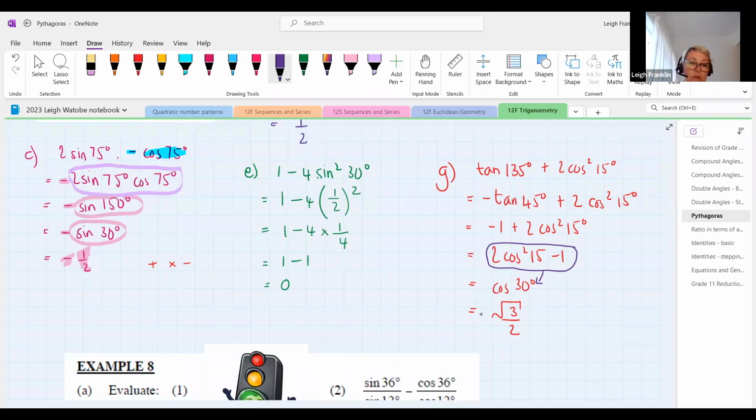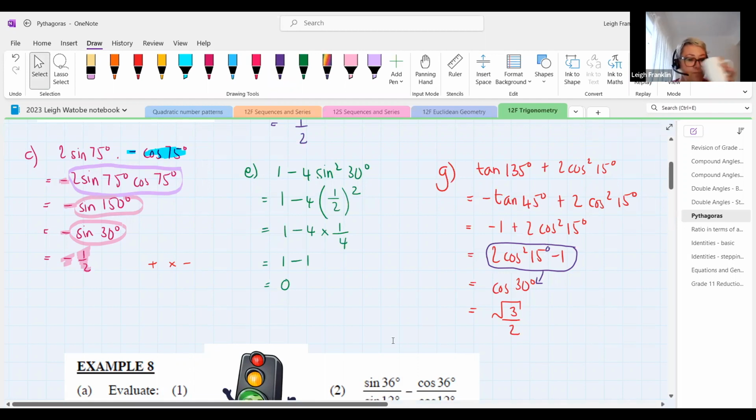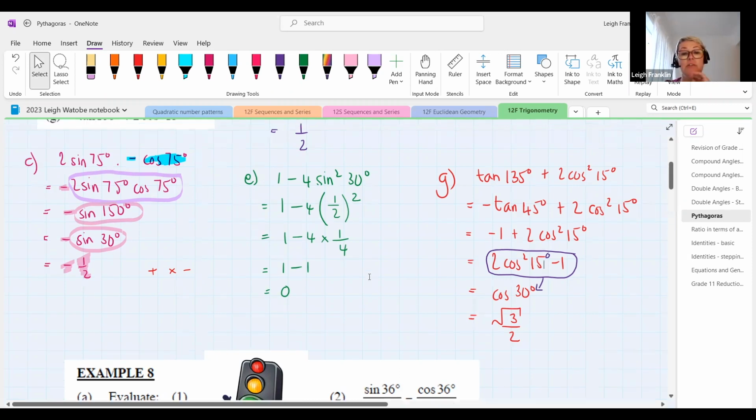Does that make sense to you? Yes, ma'am. So you can't write 2 cos squared 15 as the cos of 30 and then bring down the -1, because 2 cos squared 15 minus 1 is cos 30. Does that make sense? Yes, ma'am. Thank you. Okay, no problem. So you need to be careful, because in here you could bring the 1 down. Here you can't. So you've just got to be careful what forms part of your identity and what doesn't.